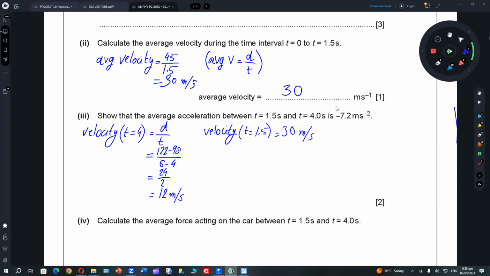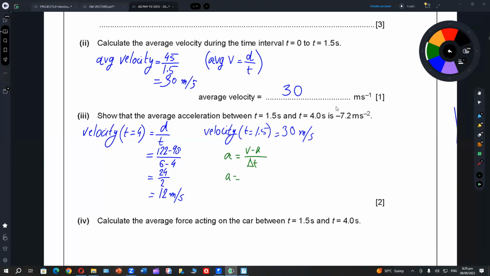Now I have the calculation, from 1.5 to 4. So now I can use the formula. a is equal to v minus u upon delta t.